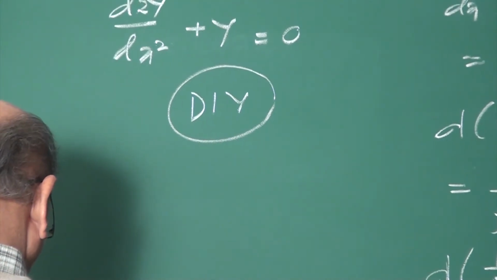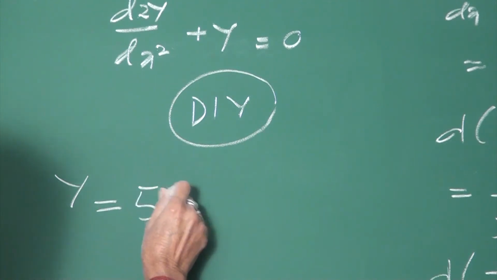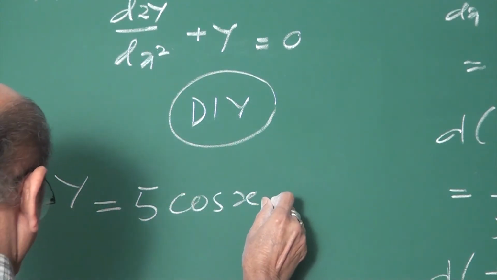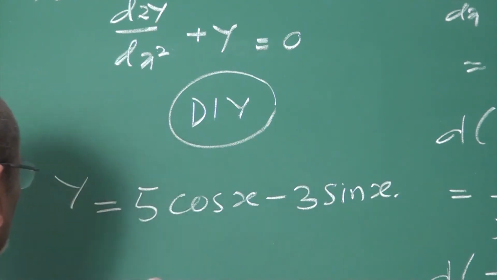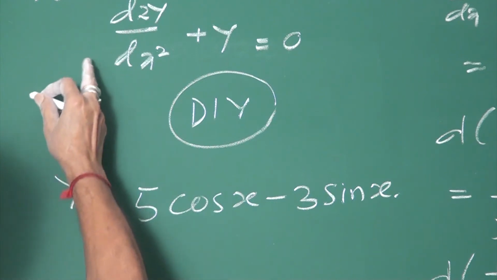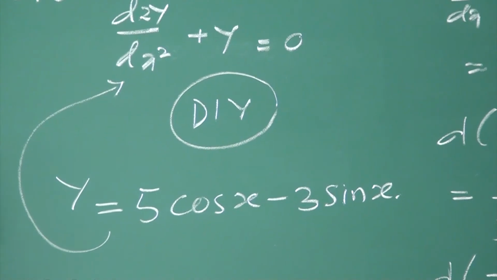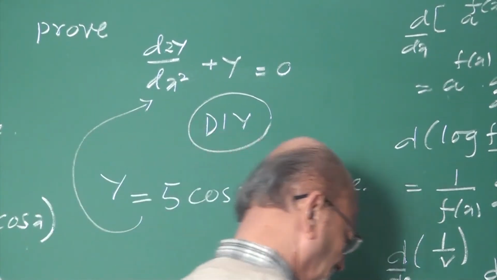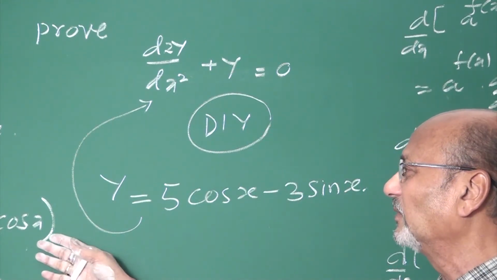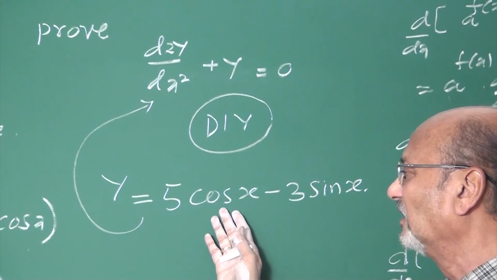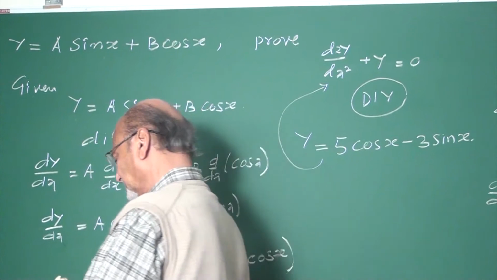Same thing: if y equals 5 cos x minus 3 sin x, then prove d2y by dx2 plus y equals 0. Same example, just a practice example. If you practice, you are perfect. Yes, for that it's good. Next example.